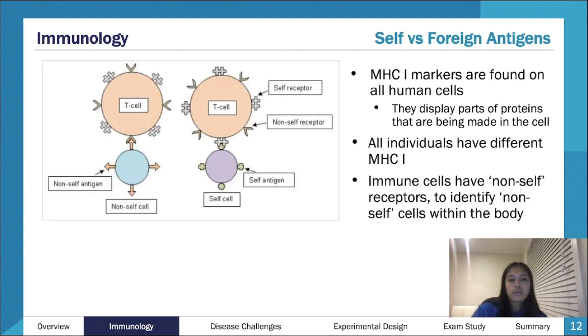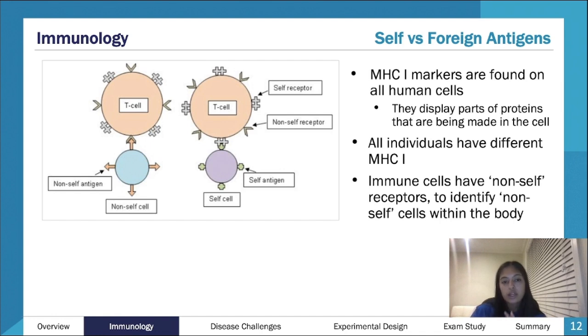Okay, so we'll show a little picture. Here is this idea of self antigens and non-self antigens. Your T cell, which we'll get into in a second, is a really important immune cell. They go around and check what's going on, and they have different receptors. If there's a theme for immunity, it's receptors, this idea of things being complementary, matching up, detection.